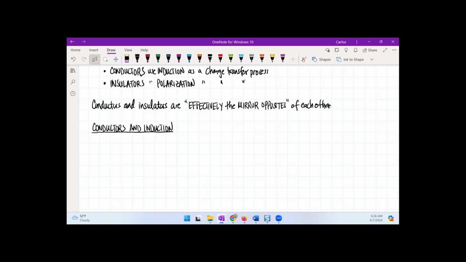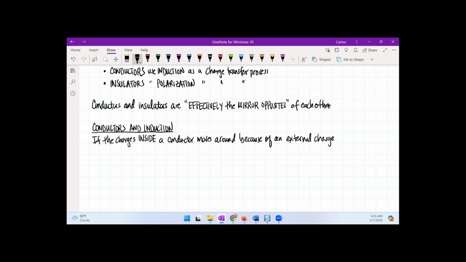So what you want to think about is that if the charges inside a conductor move around because of an external charge.